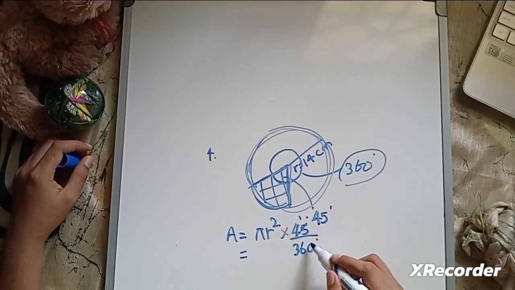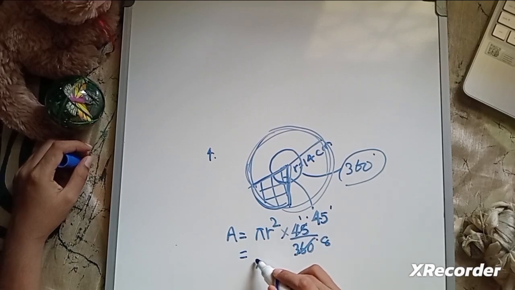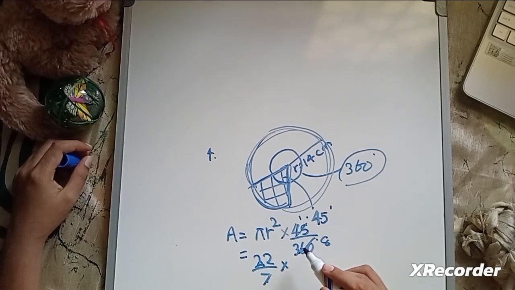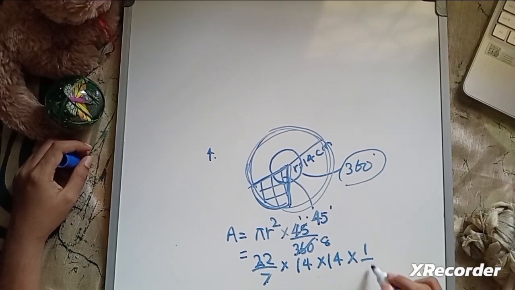This can be simplified as 1 over 8, then pi as 22 over 7, times r squared, r is 14, 14 into 14.